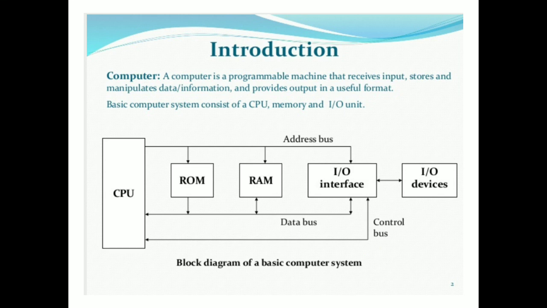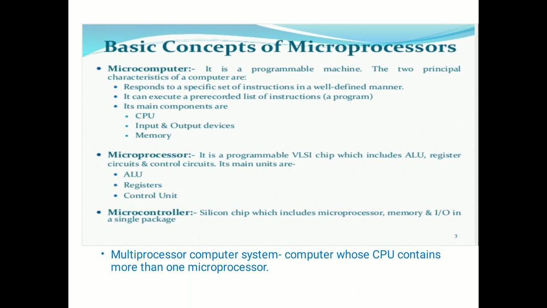It stores programs, data, and results. The output device displays or prints programs, data, and results according to the instruction given to the computer. So this central processing unit built on a single integrated circuit is called a microprocessor.